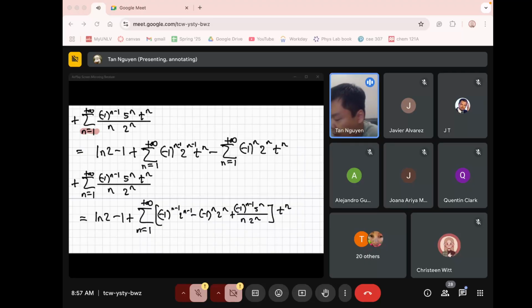Right? So once again, I'm simply combining the coefficients. So the coefficients are here. I simply isolate the t to the n, or factor out t to the n, if you will. Does that make sense? Are you following, guys?